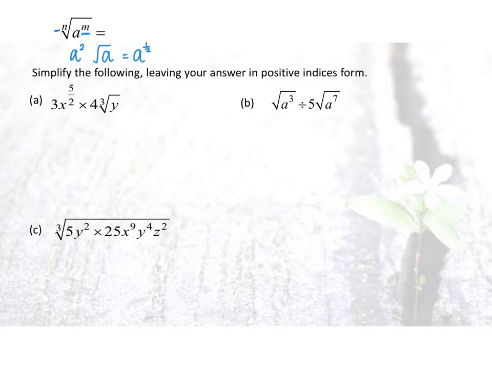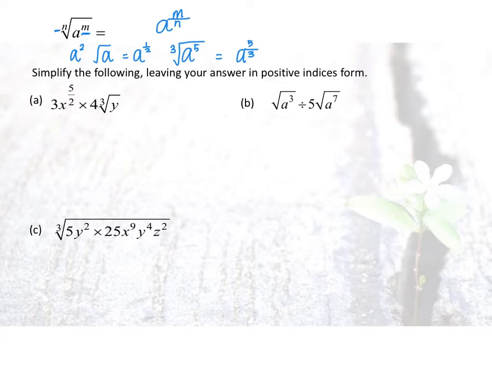So if I were to give you the cube root of a to the power of 5, what will this be? This will be a to the power of 5 over 3. When we take the cube root, we divide the power by 3. So in general, the nth root of a to the power of m gives you a to the power of m divided by n.